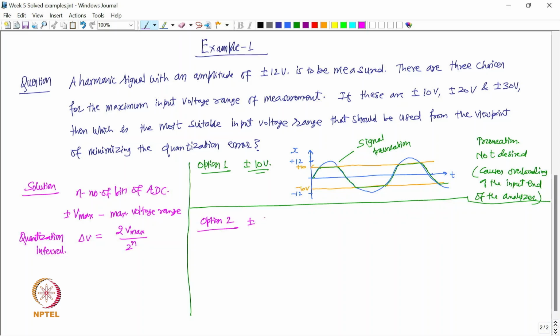This is plus minus 20 volts. Now, in this option what is going to happen is that we have this, again I will draw the signal like this, which is the 10 volt signal like this, and now this time the voltage, let me mark this voltage here, this is plus 12 volt and this is minus 12 volt, right.